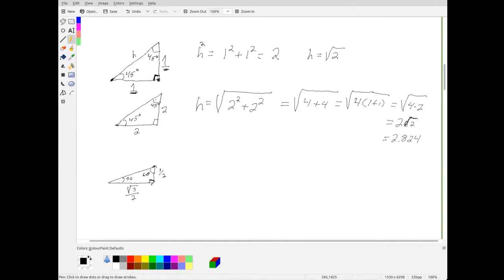And so when you look at this now, the hypotenuse of this, we're going to have the square root of 3 divided by 2, squared, plus 1/2 squared. All right, so when you square a square root, you get 3.